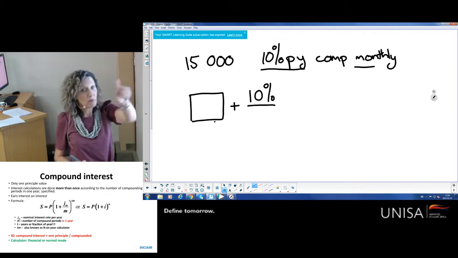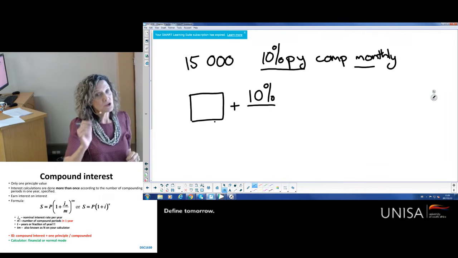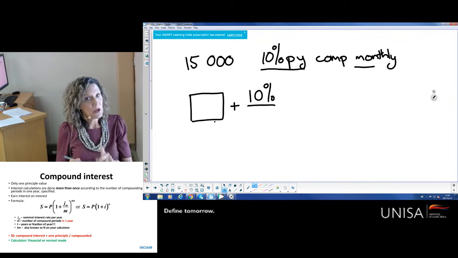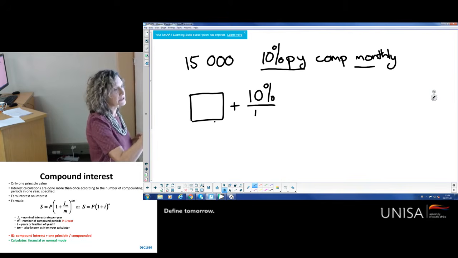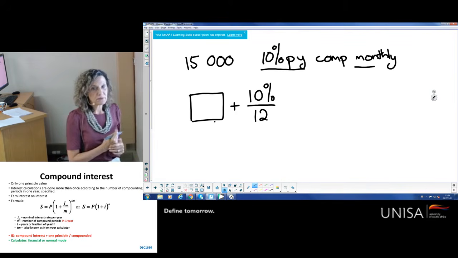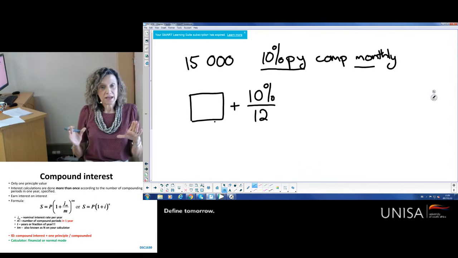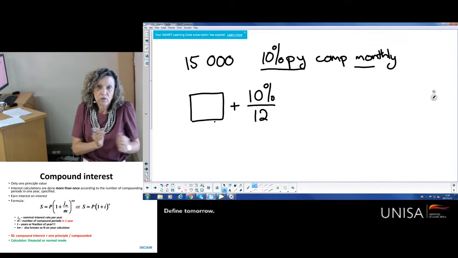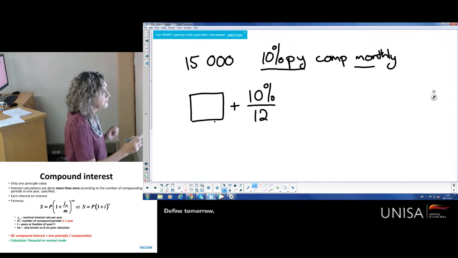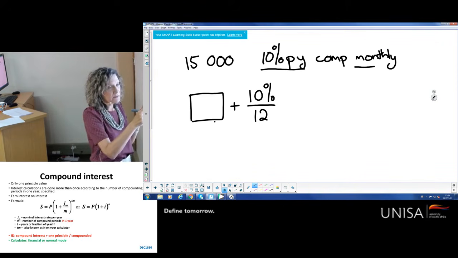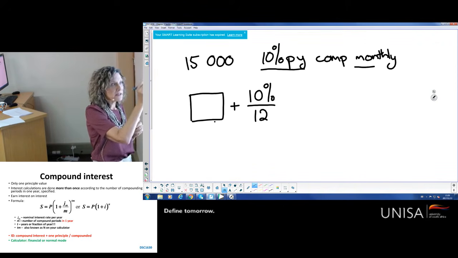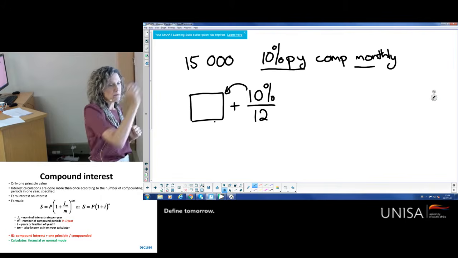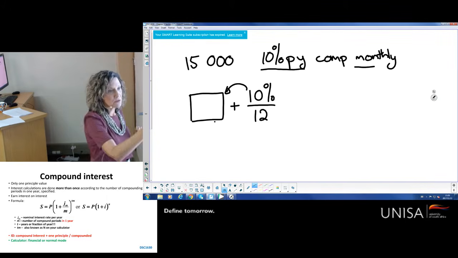If we say compounded monthly, it means there's 12 times in 1 year that the interest will be calculated. So we take our 10%, which is a per year rate, and divide it into 12 smaller pieces. That's the first thing. What happens at the end of the month is the interest is calculated on that amount and added to it.